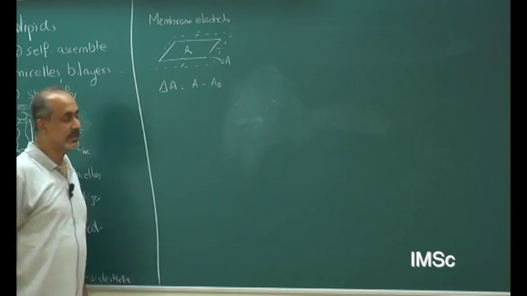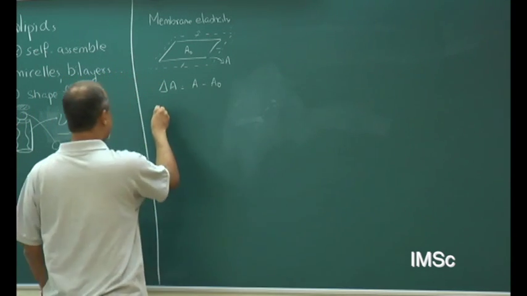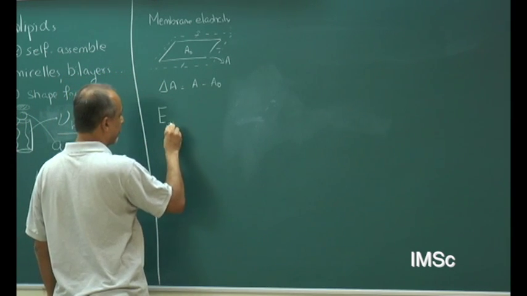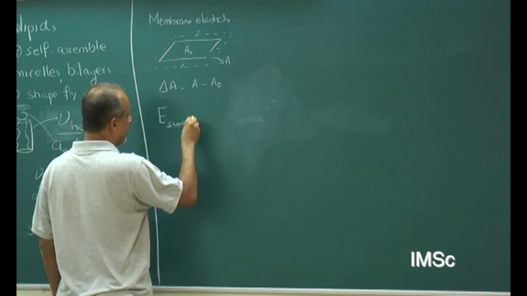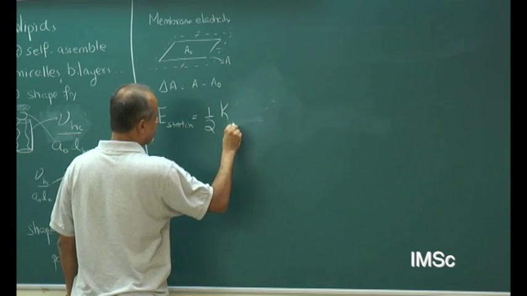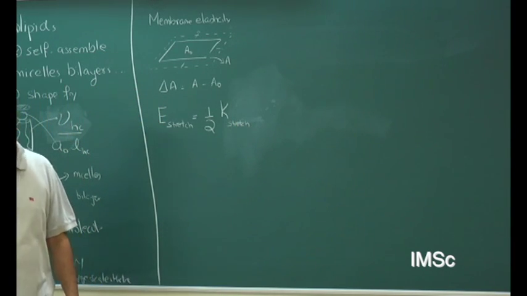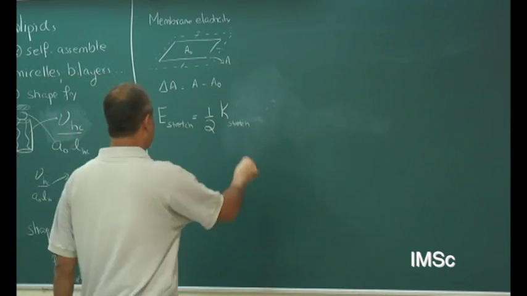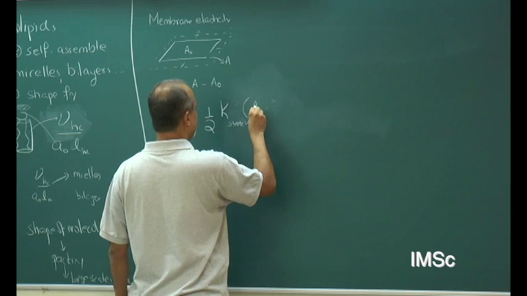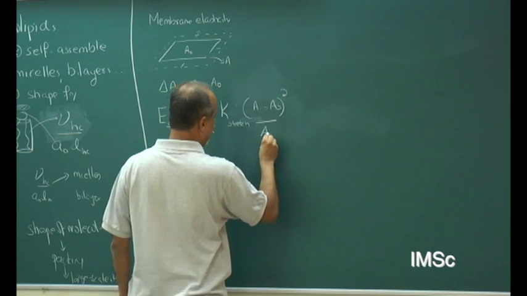We can define an energy for stretching, which we call E stretch, equal to 1/2 times a modulus, which I will call K stretch, the stretching modulus, times the quantity A minus A naught squared divided by A naught.